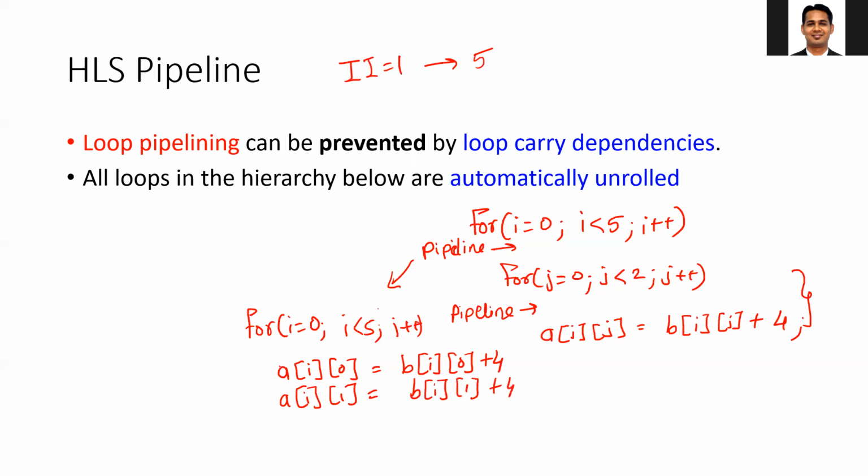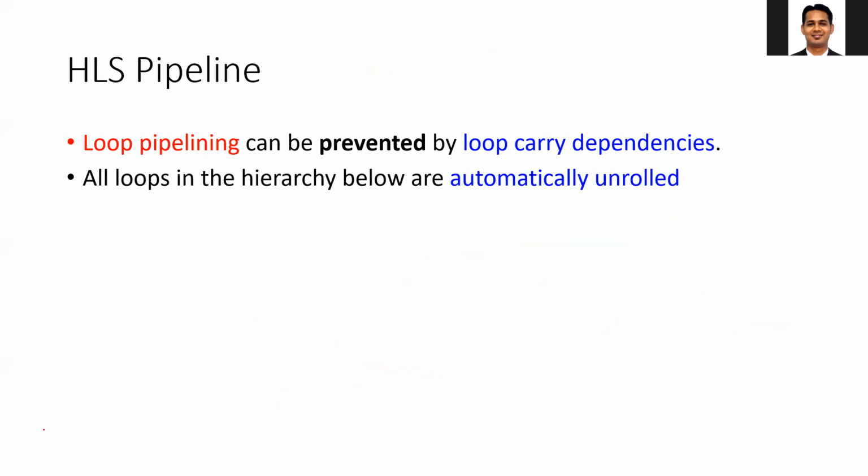So you can see that the loop is unrolled. That means all the operations are performed in parallel so that you can start the next iterations as early as possible. So when you use pipelining in an intermediate loop, all the loops below get unrolled.